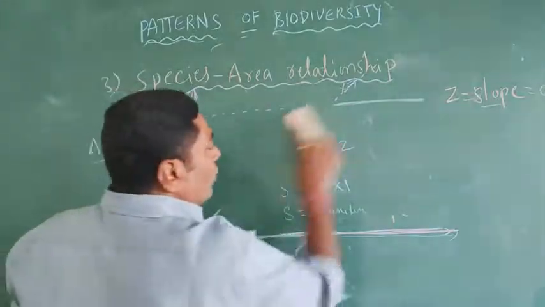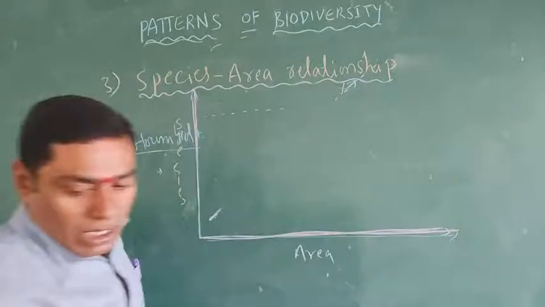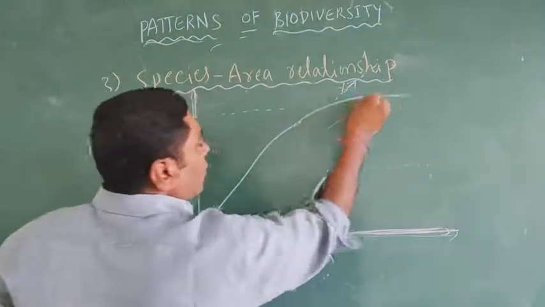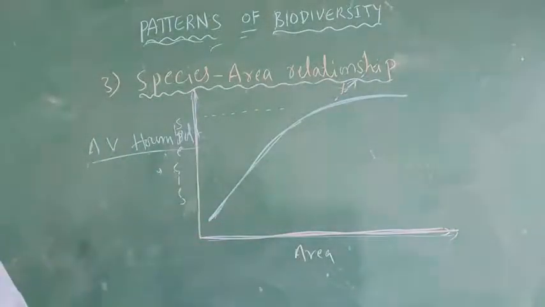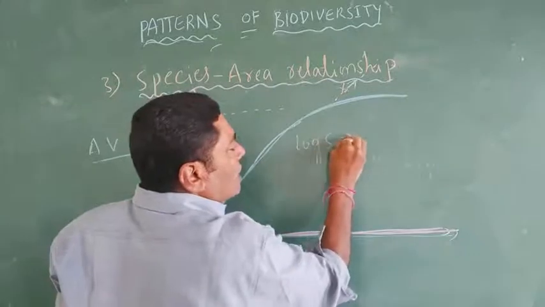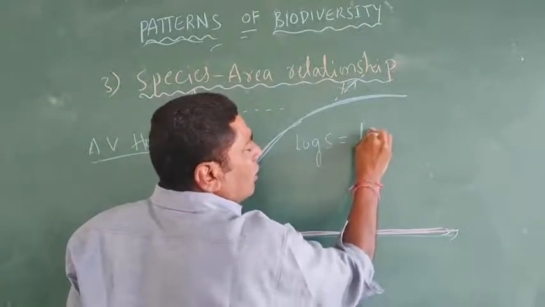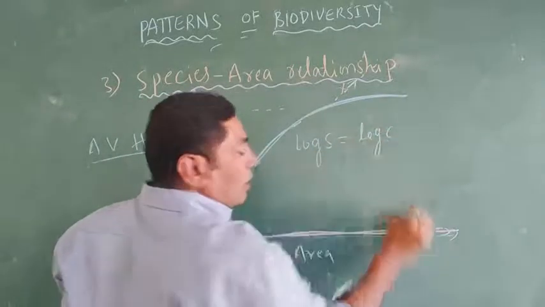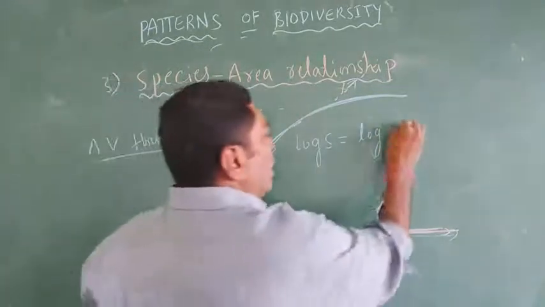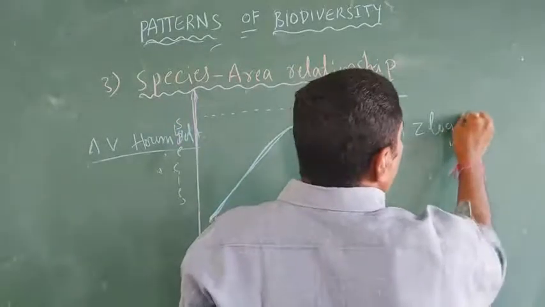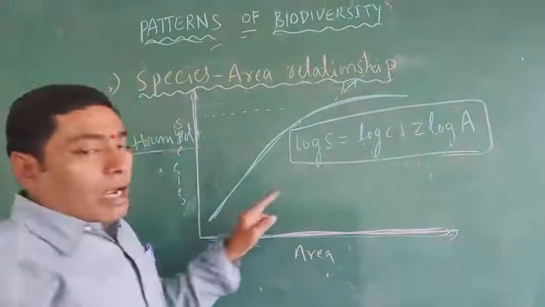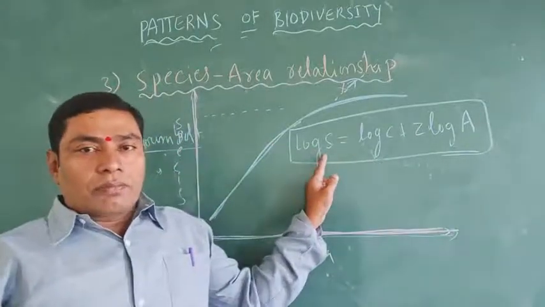And one more equation is there, known as the slopeness equation. The equation can be shown as log S is equal to log C plus Z log A. So it is the Alexander von Humboldt equation.